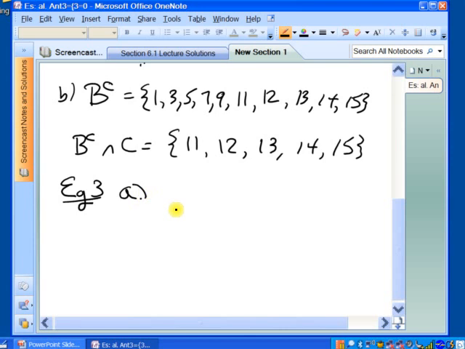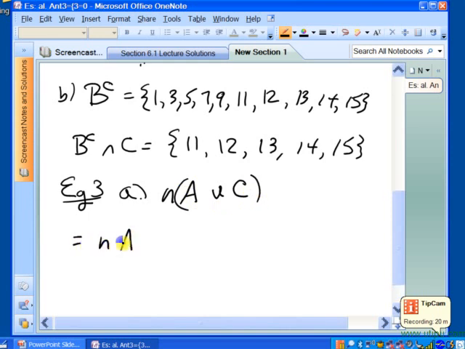All right, so for part A, we're looking for the cardinality of A union C. So think of what that is.